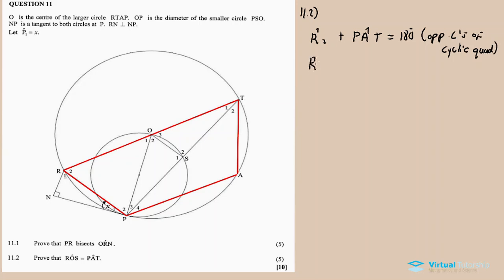Therefore R2 plus, wait, we want PAT. So I do have R2 which is 90 degrees minus X plus PAT is equal to 180.